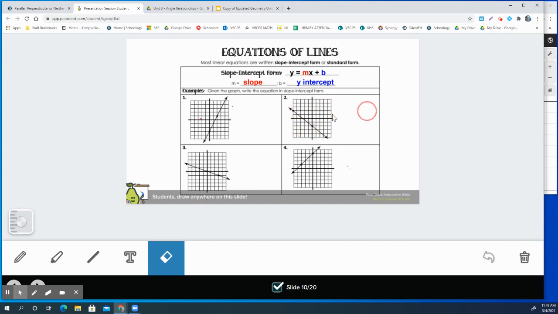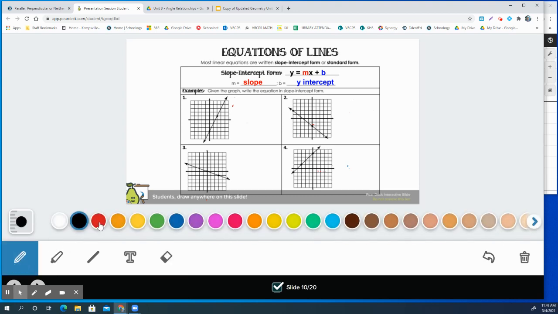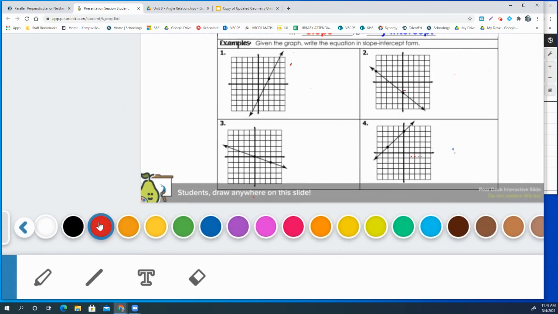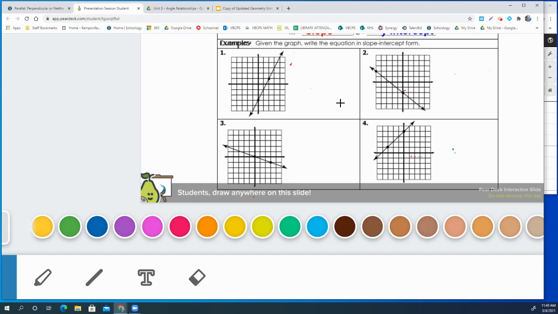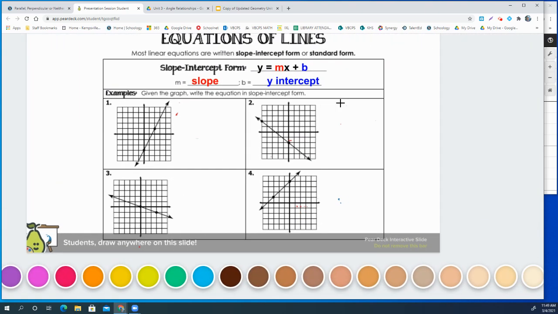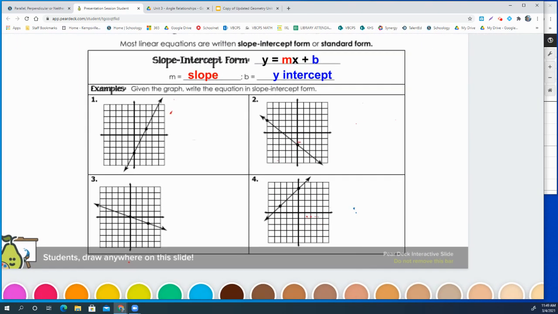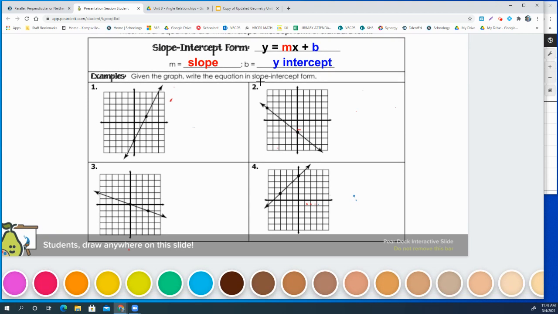Where do we find the slope in an equation, right? So we're going to have to do some equations. We're going to cheat a little bit and do some Desmos stuff in a minute, but I do think that we need to be able to know for sure how to find the slope from graphs and then how to write the equation.